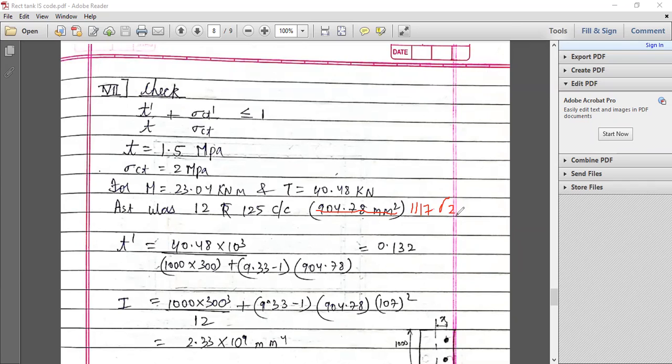So now first let us find out T dash. T dash is given by the equation tension upon B into T plus M minus 1 into AST provided. So calculate the value of T dash.